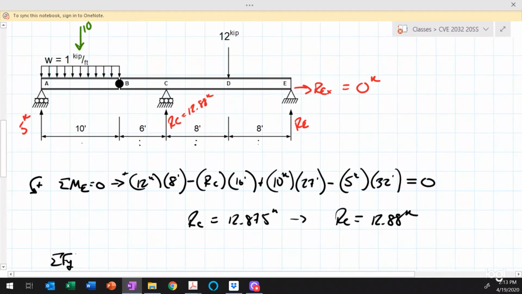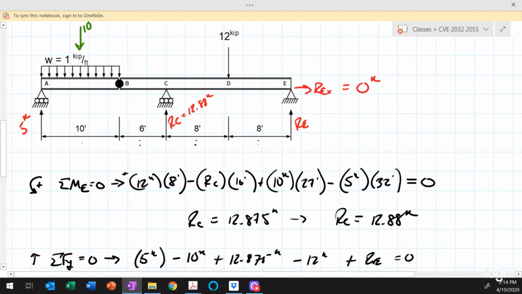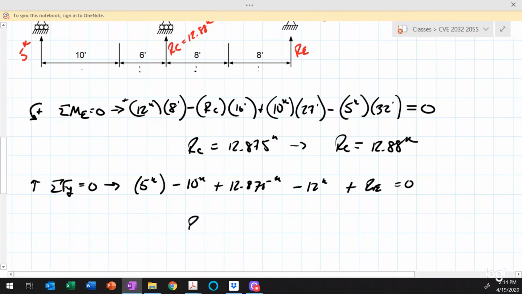Take up as positive, that should be equal to 0. So we have 5 kips acting up, minus 10 kips because it's acting down, plus 12.875 kips acting up, minus 12 kips acting down, plus R sub E is equal to 0. And if we do our math correctly, then we should find that R sub E is equal to 4.125 kips.